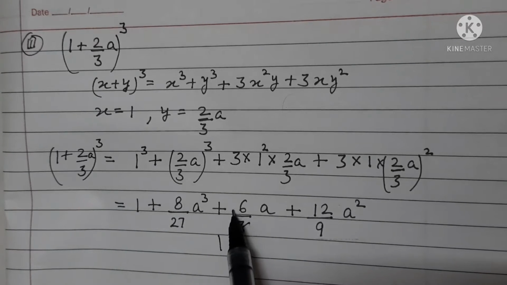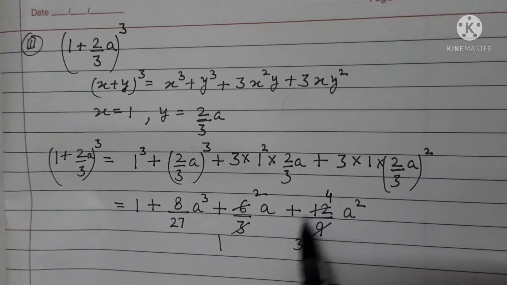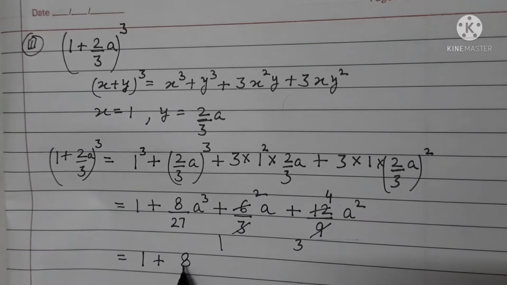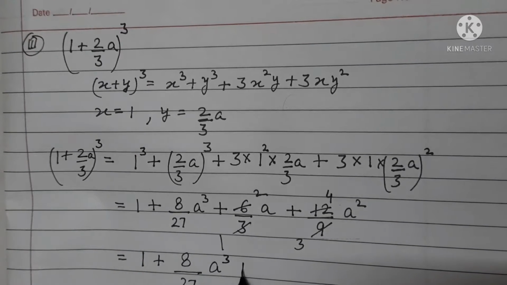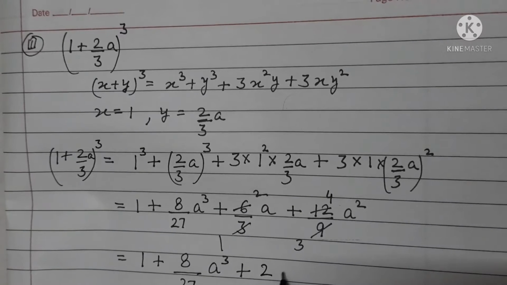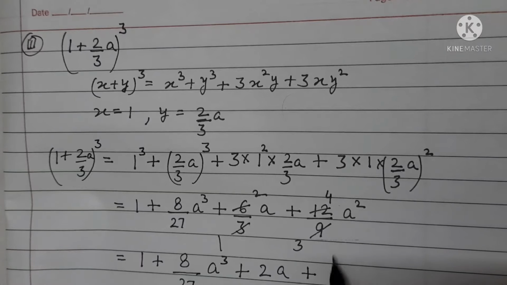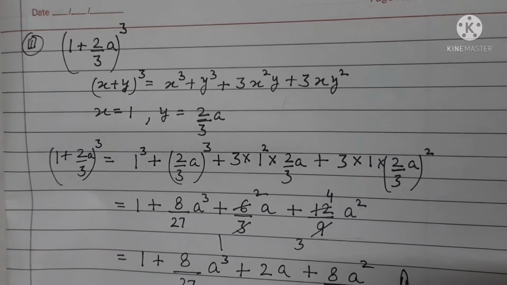So 3 1s are 3, 3 2s are 6, 3 3s are 9, 3 4s are 12. So your answer will be 1 plus 8 upon 27 a cube plus 2a plus 4 2s are 8 upon 3a square.